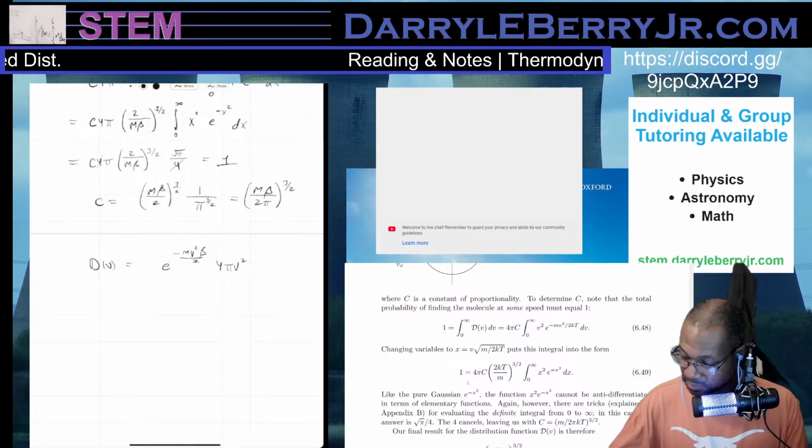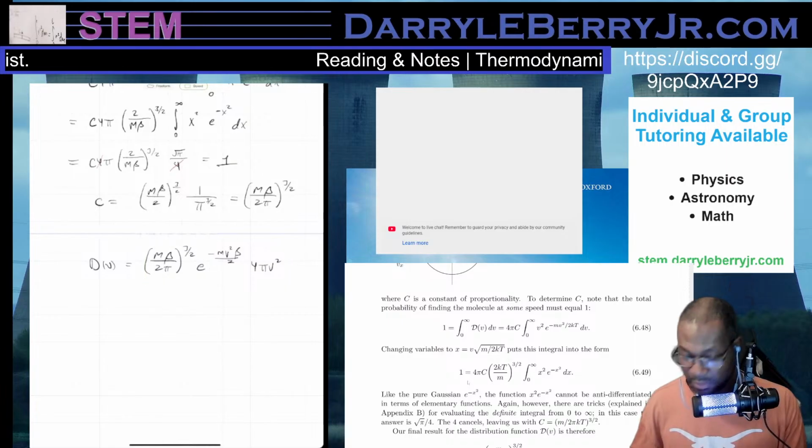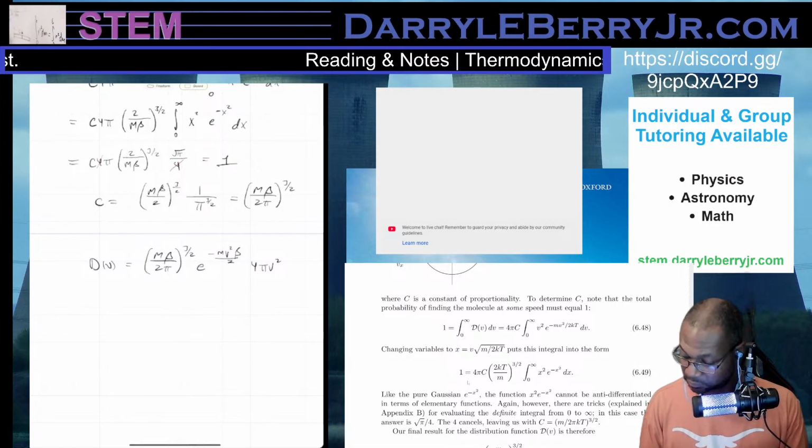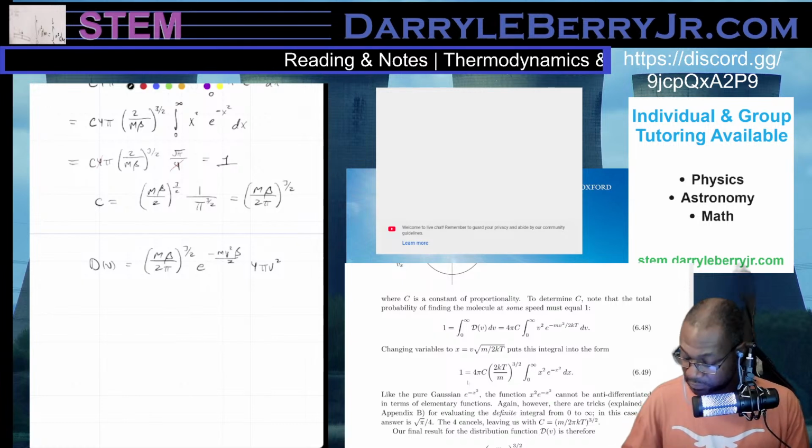dv equals, we'll also plug this in, this normalized to 1. Right, that's equation 6.50.